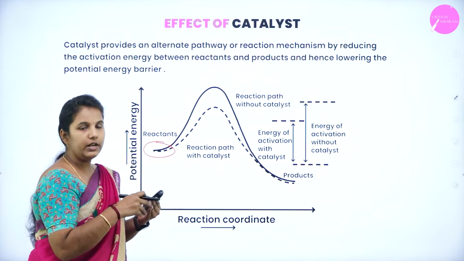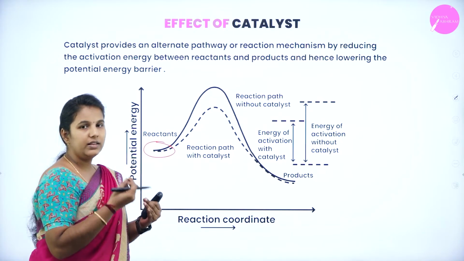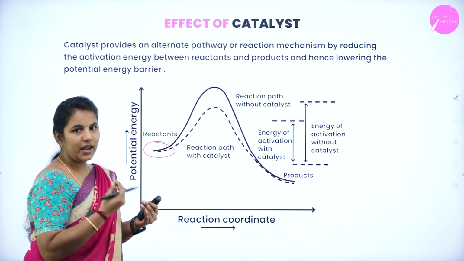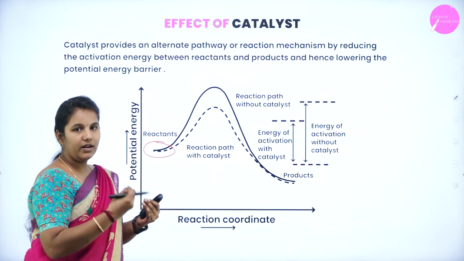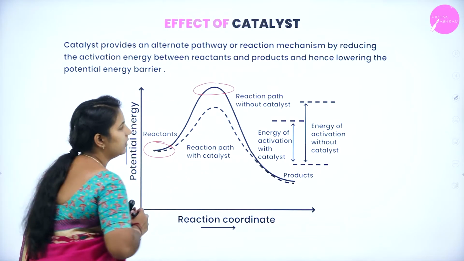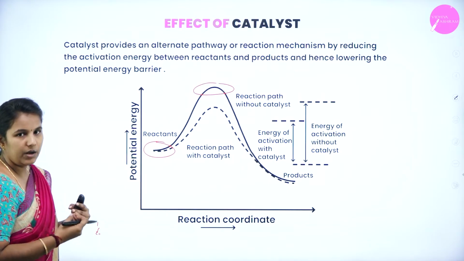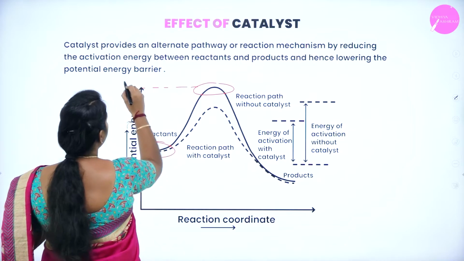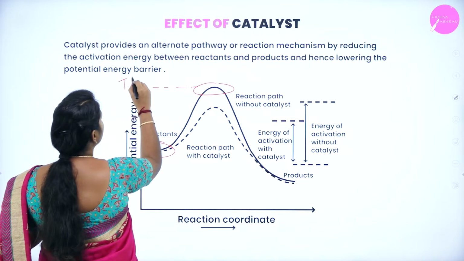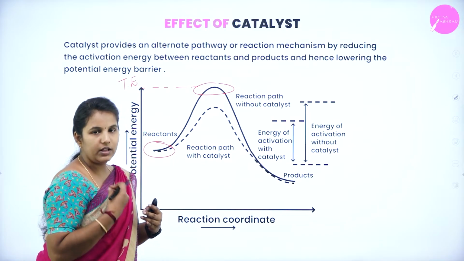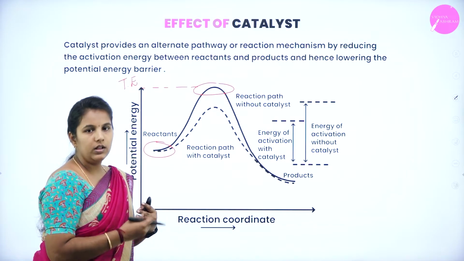During this collision, they will gain some energy that is said to be threshold energy or activation energy. So when they get the energy, they will form a complex, that is, an intermediate complex will be formed. So this is a threshold energy.